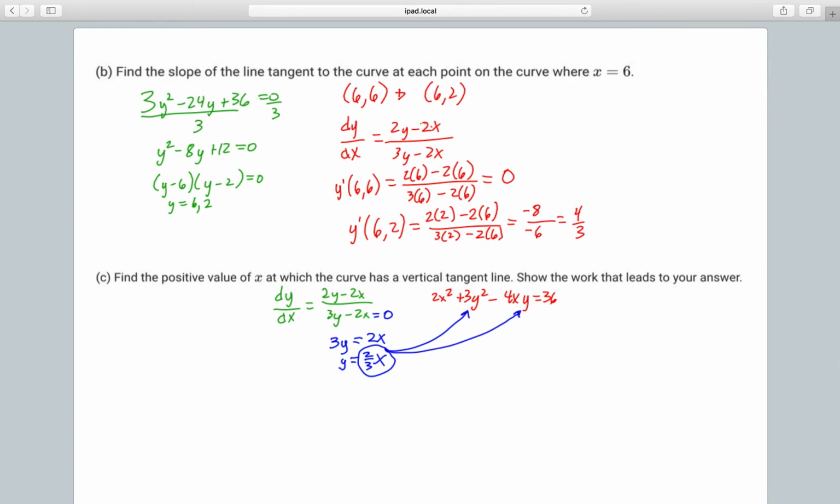So I'm actually going to have 2x squared plus 3 times (2/3 x) quantity squared minus 4 times x times 2/3 x equals 36.